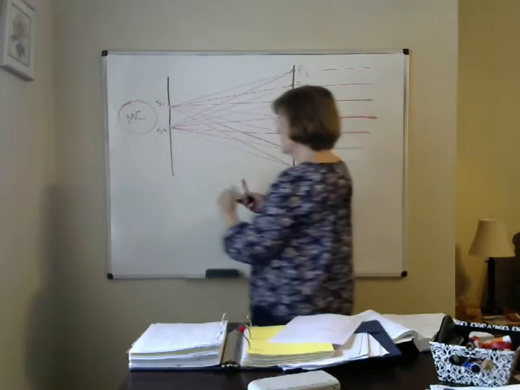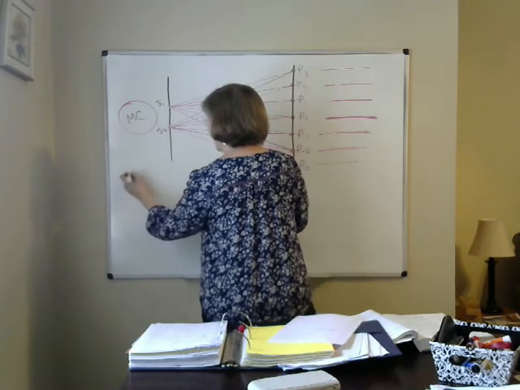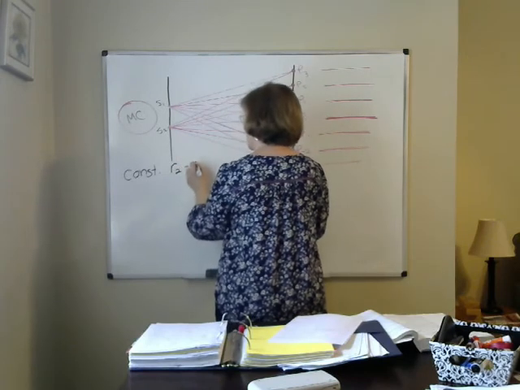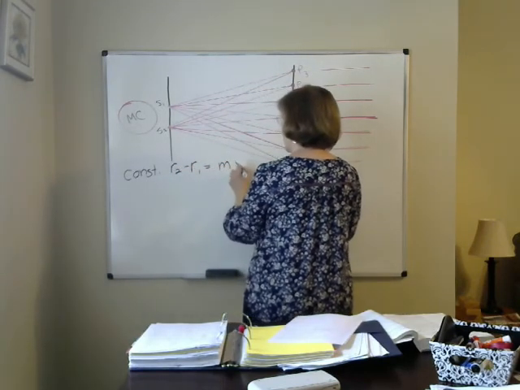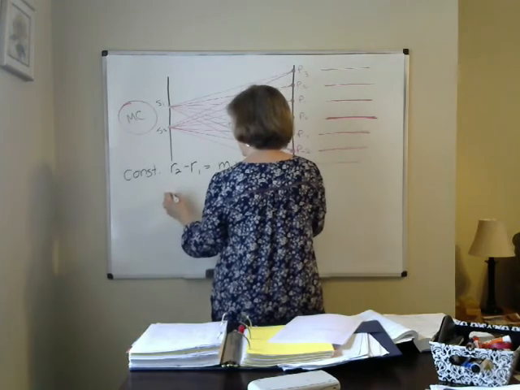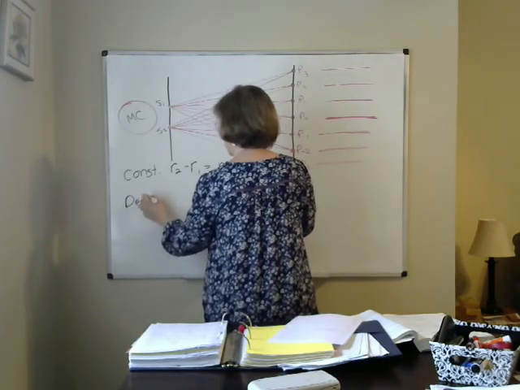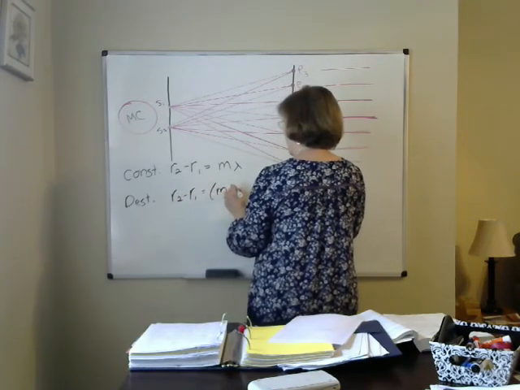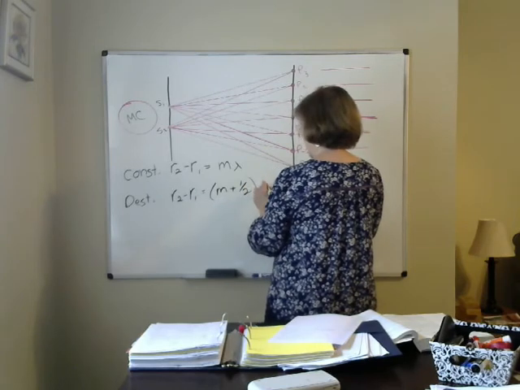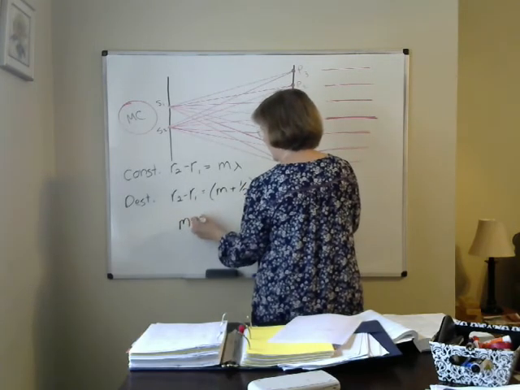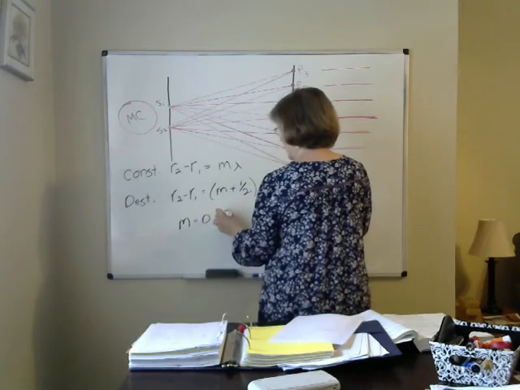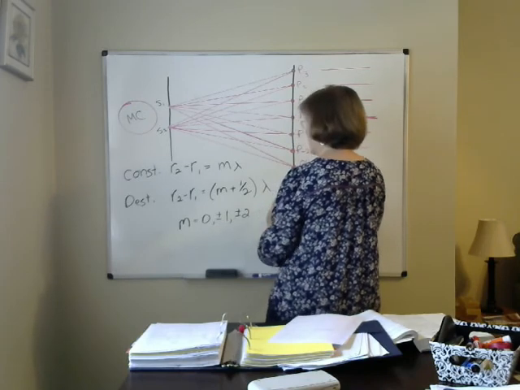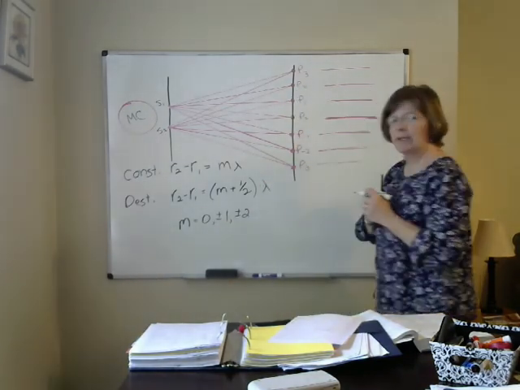Bright means constructive, and we know that constructive means the difference is a whole number of wavelengths, and destructive means that difference is m plus a half wavelengths. M can be an integer, and it can be equal to 0, plus or minus 1, plus or minus 2, dot, dot, dot.